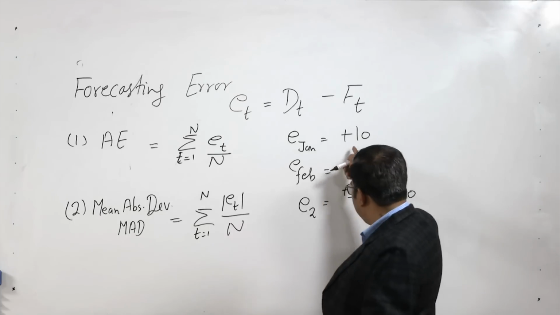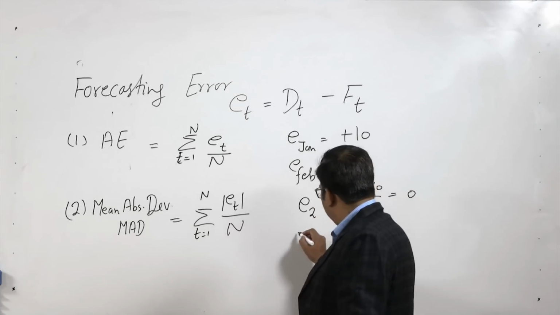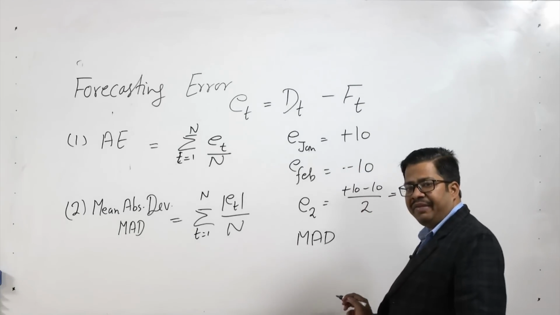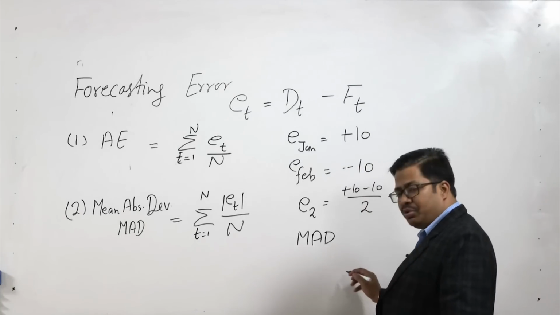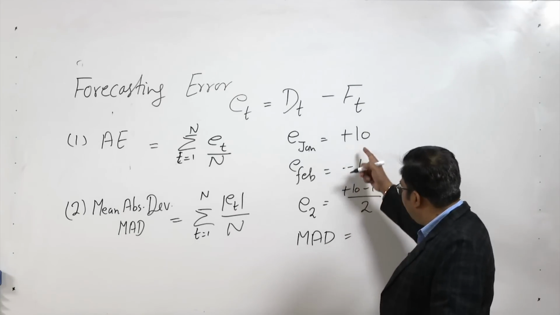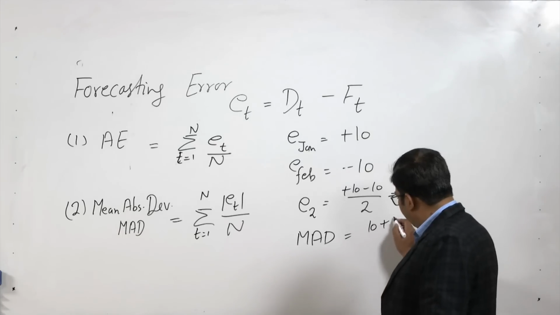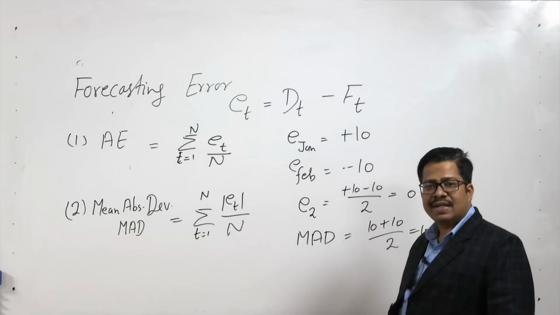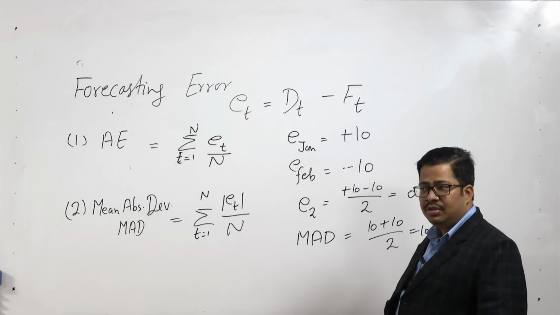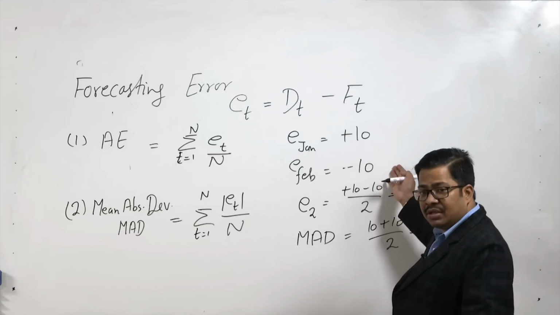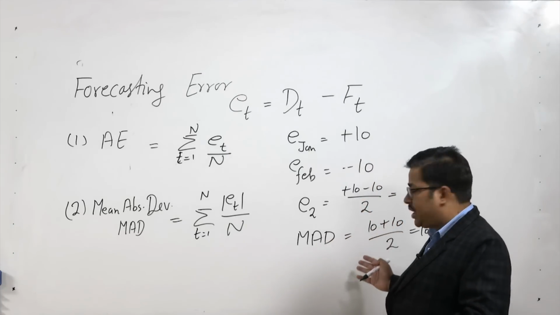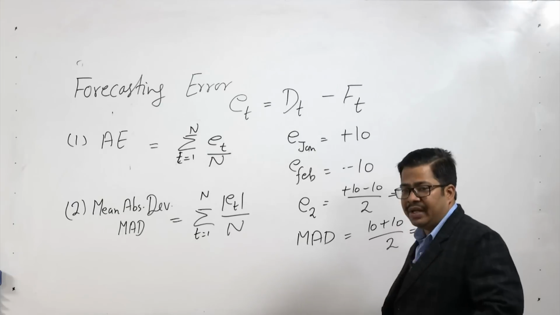So, whether it is plus 10 or minus 10, if I am calculating mean absolute deviation, it will be absolute values and you get the mean absolute deviation. So, for same values we just saw that the average error was 0, but mean absolute deviation is 10.